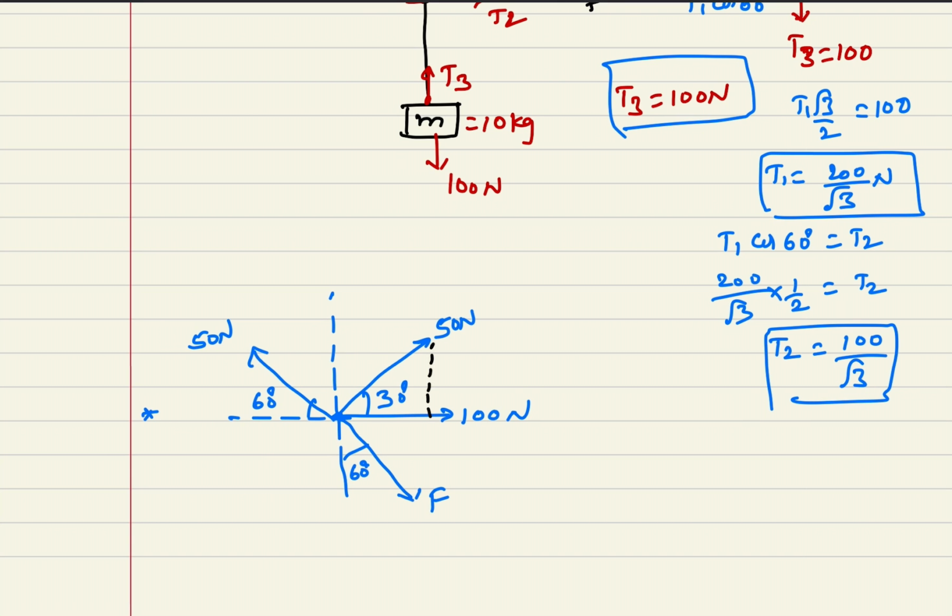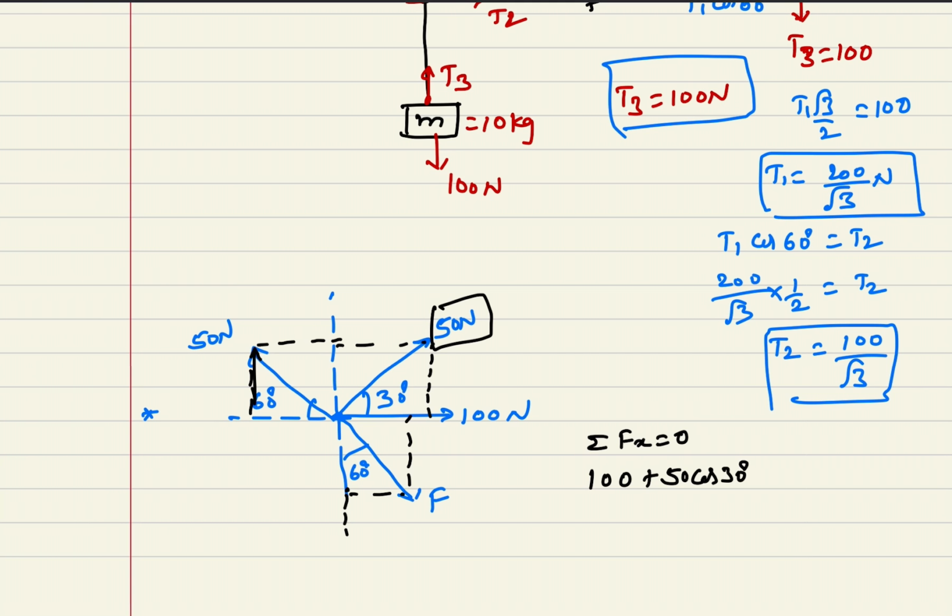You resolve all the components of the forces. If you resolve all the forces and equate them, you can get the value. As per the situation, you can write summation of Fx is equal to 0. If summation of Fx is 0, what forces are there? 100. The component of 50 along the x-axis is equal to 50 cos 30 degrees.